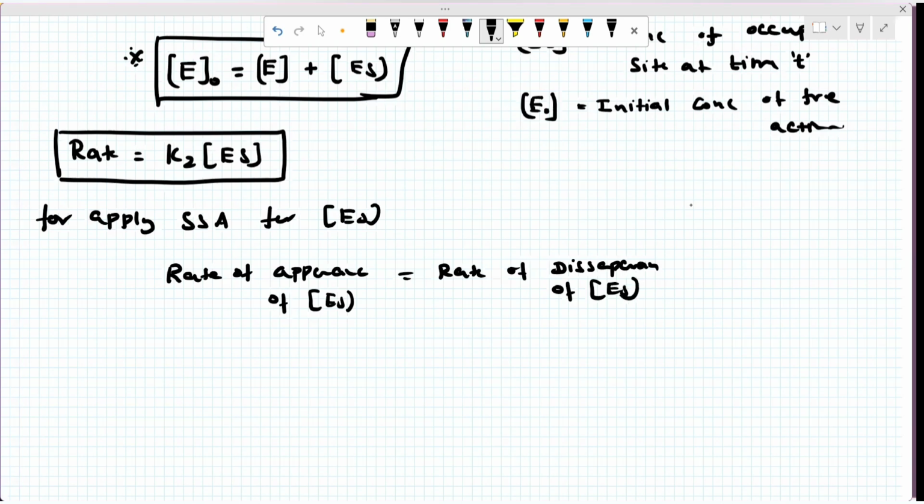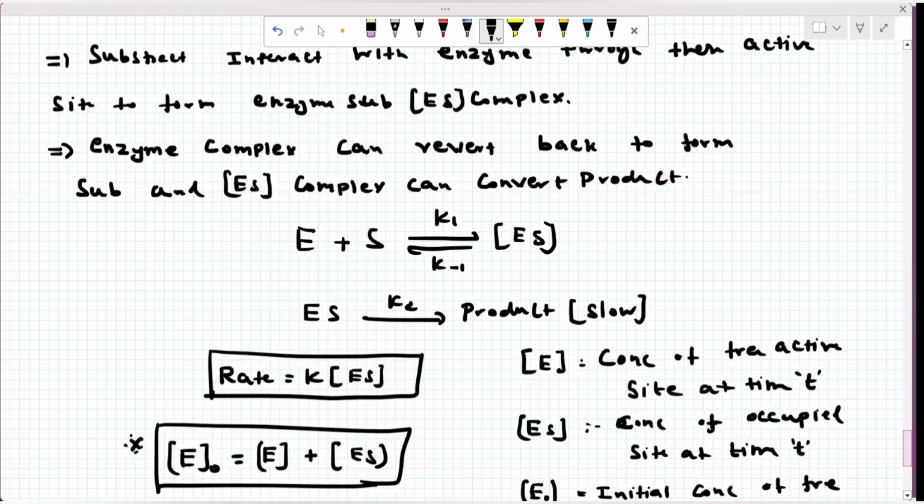Understood? Shall we apply it? Now see what the equation is. Just wait. First write the equation.